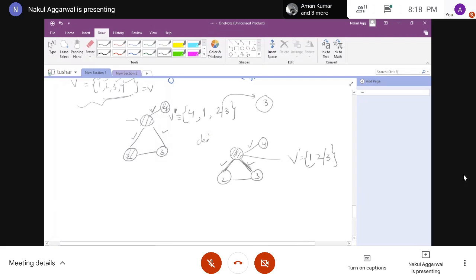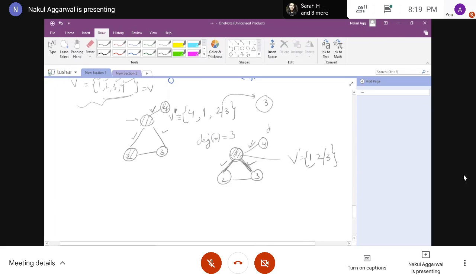For those of you who are not familiar with this term, there's something called the degree of a node, which for an undirected graph is basically the number of edges that the node is common on. Right now the degree of 1 is 3. So greedily, one has to start by looking at nodes which have the highest degree.